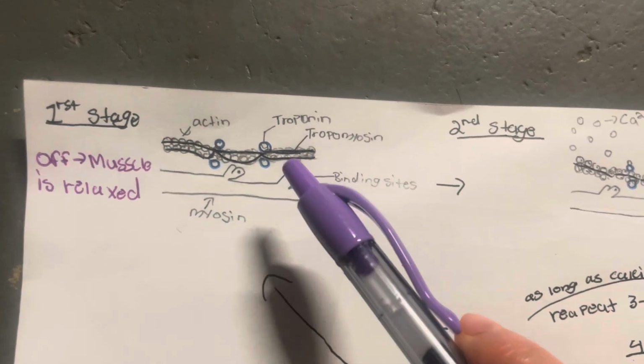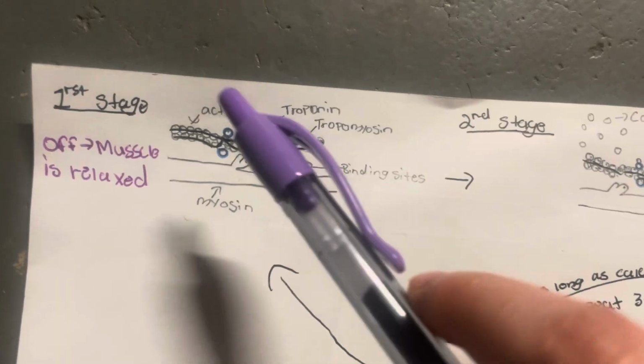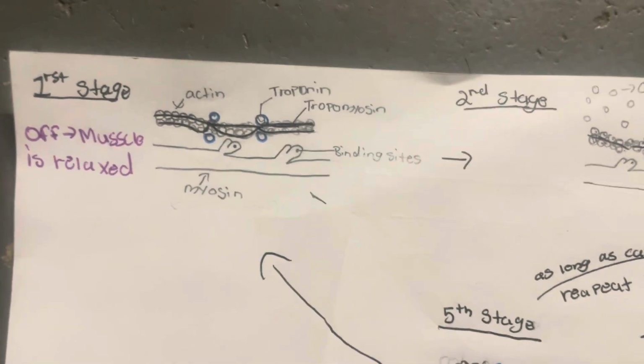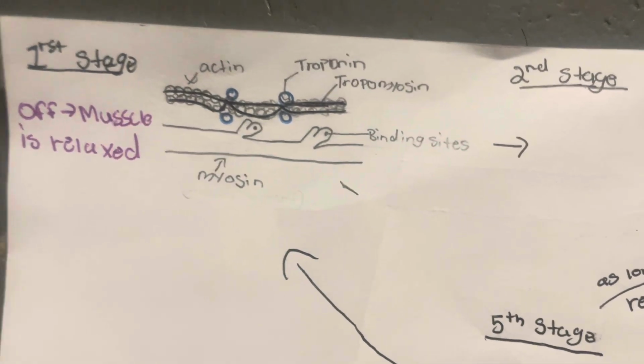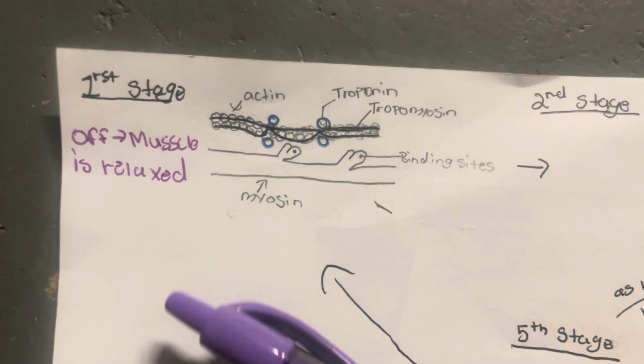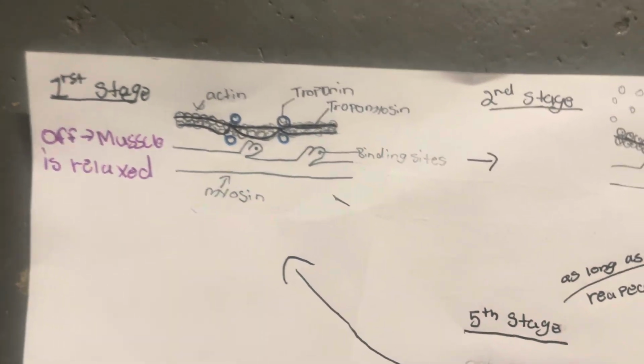The binding sites are where the myosin wants to grab onto an actin molecule, but it can't because the binding sites are covered, which is going to be a dilemma. Since the binding sites are covered, the muscle now is off, aka muscle is relaxed.